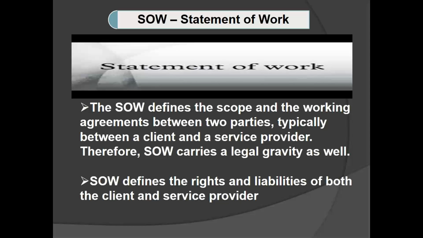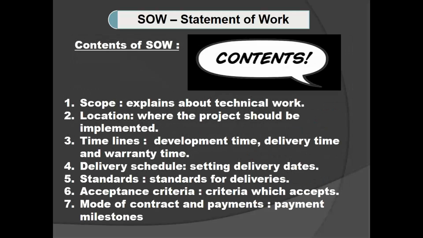KPI stands for Key Performance Indicator, and these are used as a baseline to determine the next project. Okay. So in SOW also we have some contents. What are those? Scope, location, timelines, delivery schedule, standards, acceptance criteria, mode of contract and payments.